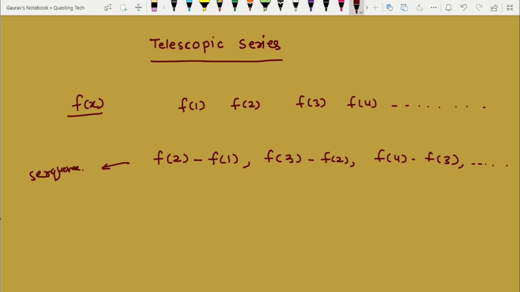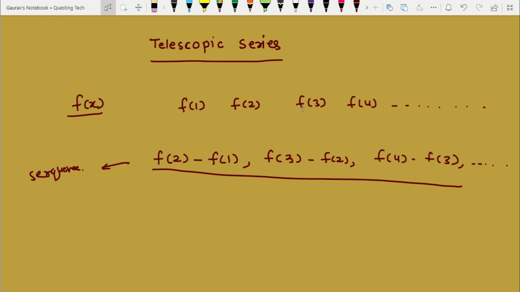So this sequence is called a telescopic series. Or in other words, we can say that if a series consists of the difference of two consecutive terms in that series, then this series is called a telescopic series.